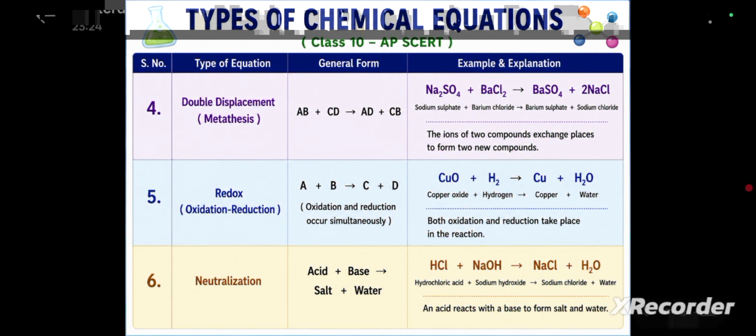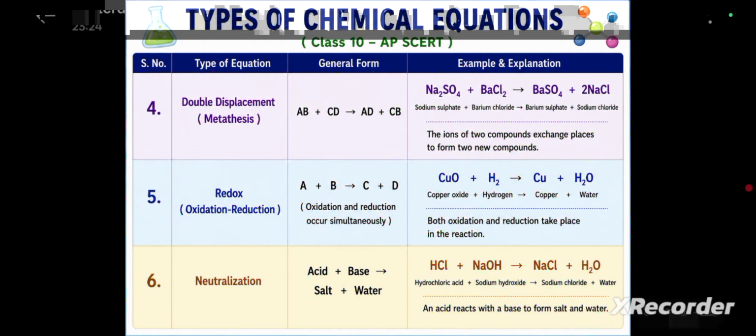In the third reaction, displacement, only one element displaced another element's place. Here in the double displacement reaction, two elements are displaced by each other. The general form is AB plus CD gives rise to AD plus CB.